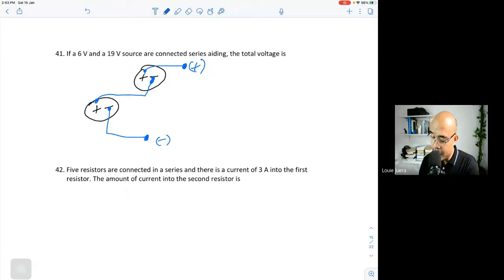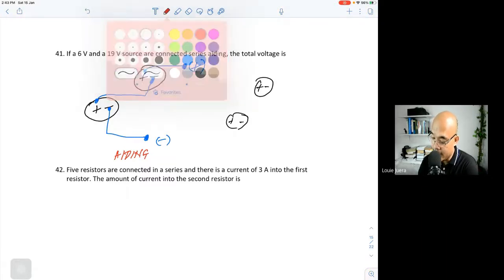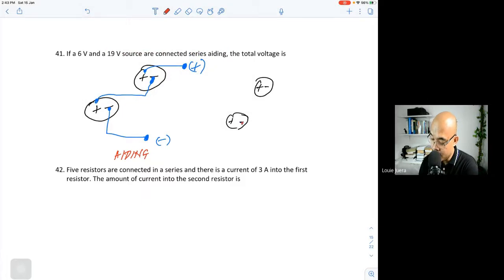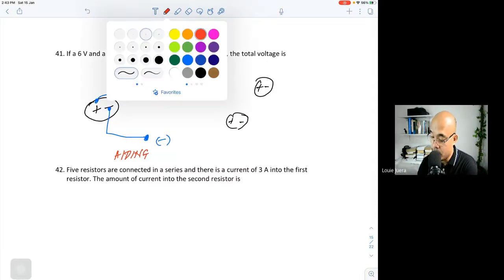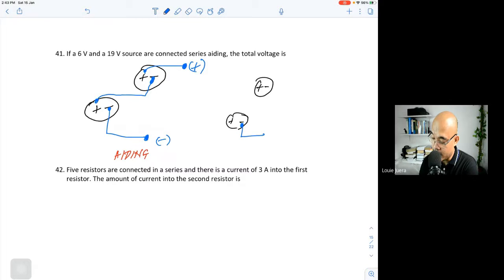Let's say, for example, instead of the positive here being connected to the negative, it was connected to the positive.